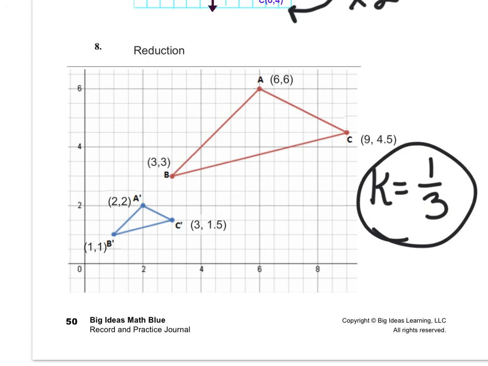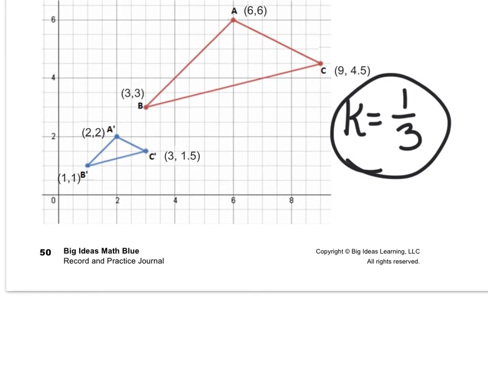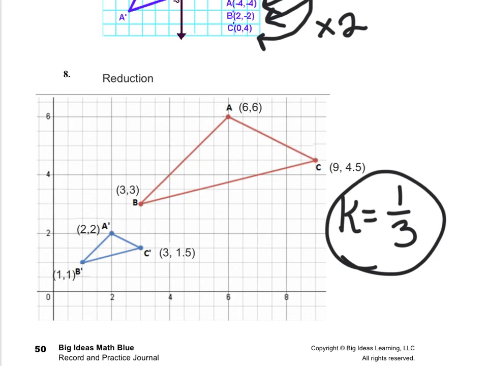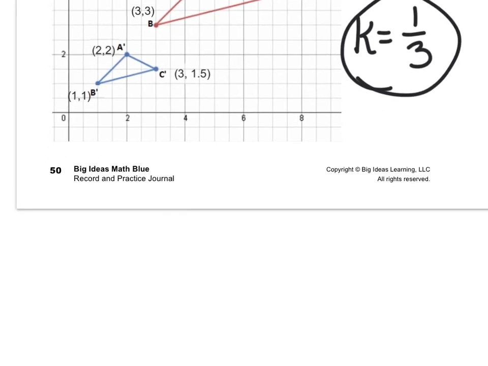I just want to make a quick note on the bottom of your page, or if you have room on the side. If you have an enlargement, the scale factor must be greater than 1. Realize that if you just take everything and multiply it by 1, the image is going to be the same size. But when you enlarge it, you dilate it and it gets bigger.